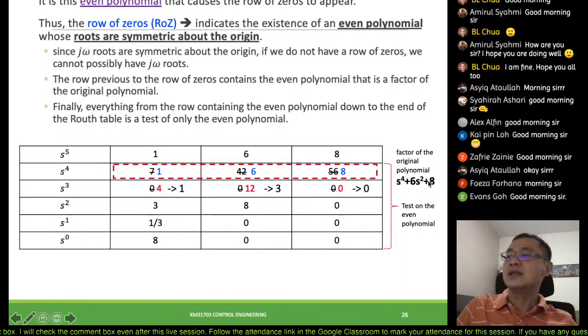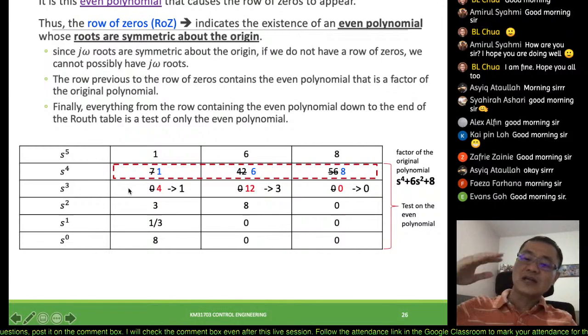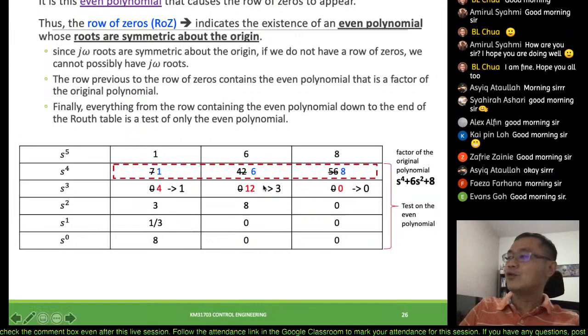So you can write it out. So remember, this would be the factors of it, because of the row of 0, right? So once we know this, when we differentiate and put it here, the red value, whatever we analyze after that is actually all about the even polynomial.